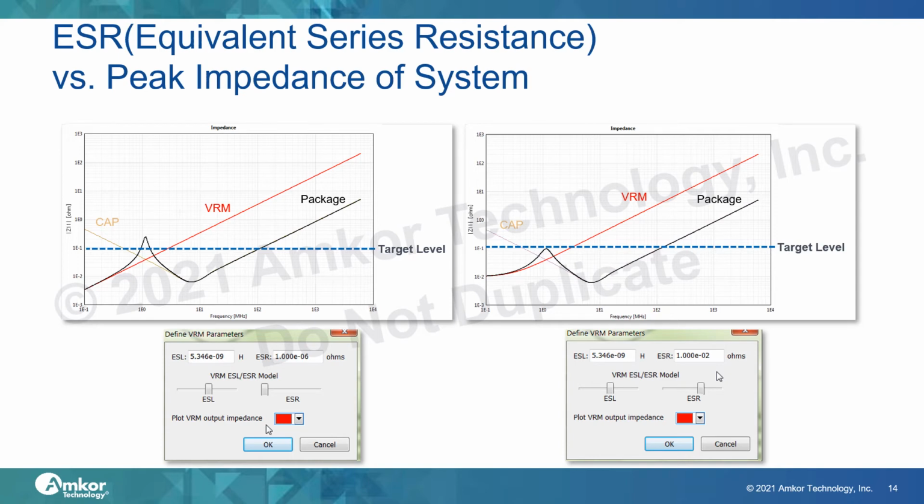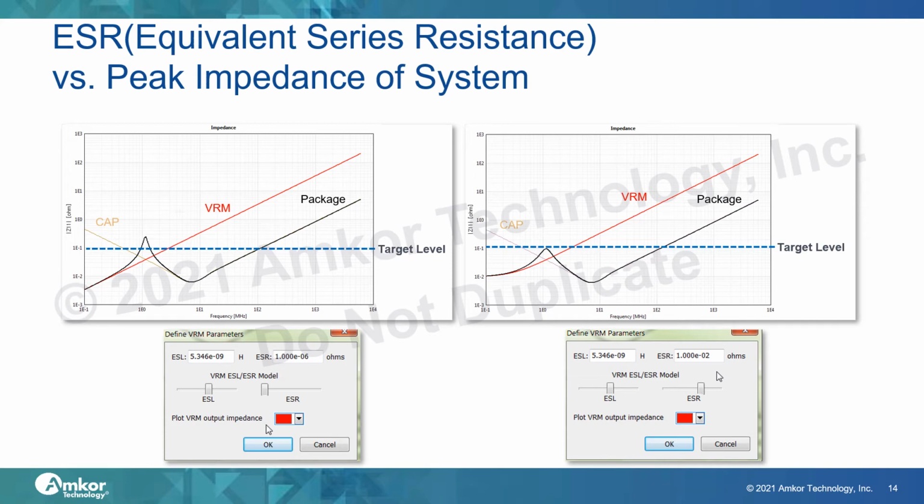Instead, lowering the ESR to reduce peak impedance is a more effective way if the subsystem module has low mounted and spreading inductance, because all capacitors are placed directly underneath the chip or as close as possible to the PMIC.